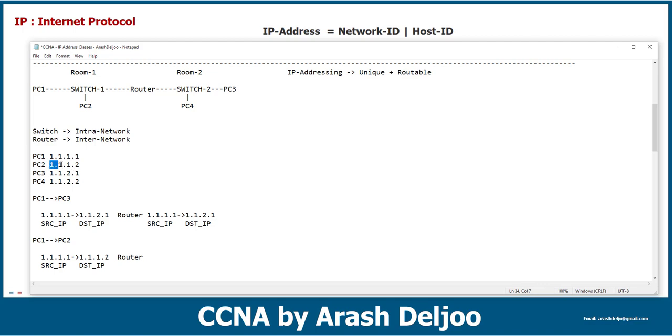But let me say, if the 3 octets of the destination are the same as the 3 octets of the sender, meaning the source, then those 2 addresses are residing in one network. For example, look here: the first 3 octets of the source IP and the first 3 octets of the destination IP are the same. This means that these 2 addresses are in the same network and the router does not need to forward the traffic to the next networks.